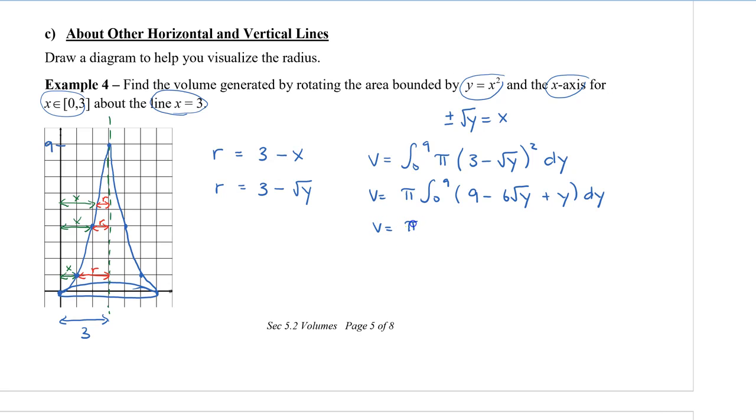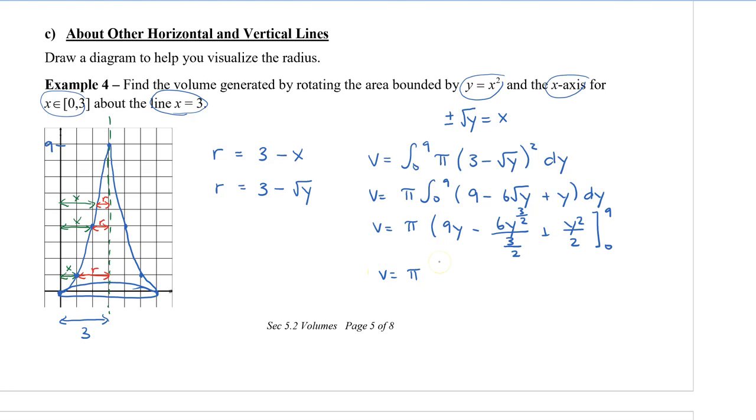All right, so now let's integrate. So this will give me 9y, and this will be 6y to the half. So we're going to add 1 to give me 3 over 2, over 3 over 2, plus y squared over 2, integrating from 0 to 9.